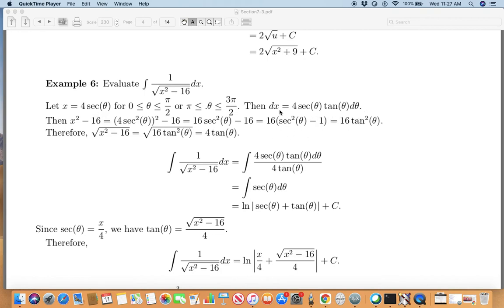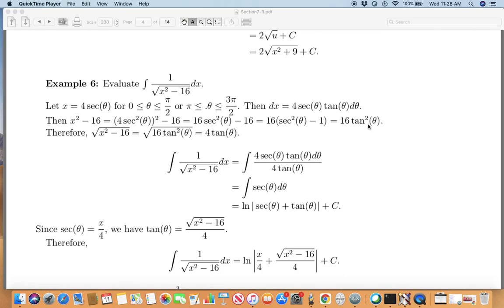So dx is 4 secant tan theta d theta. So what do we have? x squared minus 16 is 4 secant squared, sorry, that should be just 4 secant, squared, minus 16. So 16 secant squared minus 16. So that's 16 times secant squared minus 1, which is tan squared.